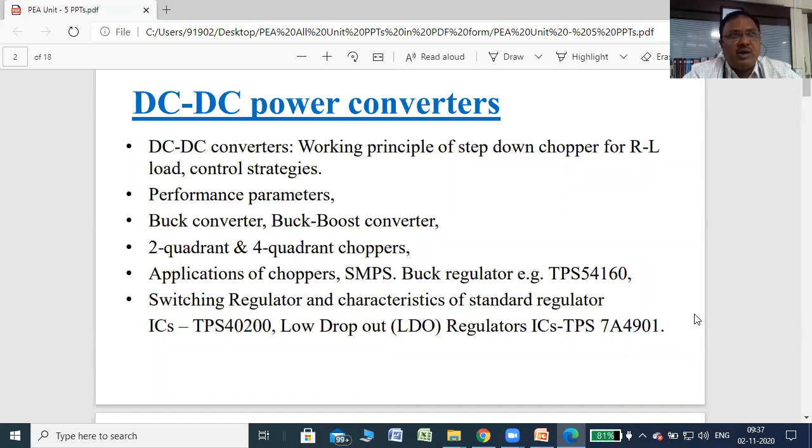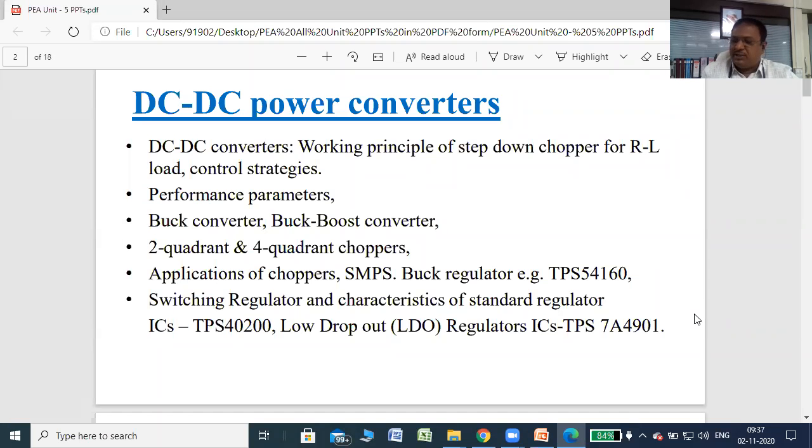But one of the best examples is electric vehicle. In electric vehicle, we have a fixed DC voltage from a battery, but you can have a variable speed of a motor, right? Or you can say bike. So that variable speed is achieved using this DC to DC converter, right? Because the battery voltage is fixed.